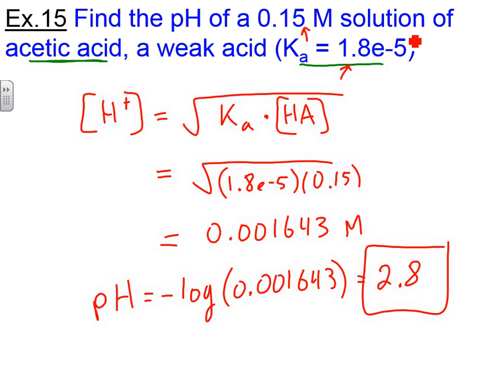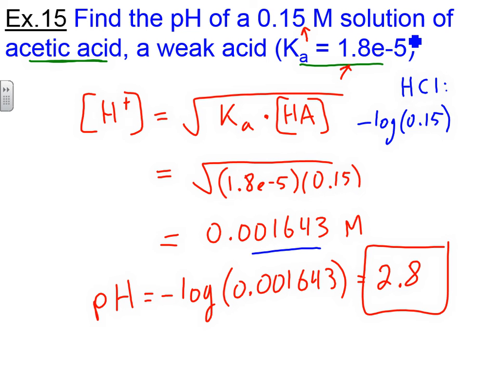Now, if this were a strong acid, you would simply negative log the 0.15. So if it were HCl, say we got HCl here at 0.115, for HCl you simply negative log 0.115. That's because all of it dissociates. Here we couldn't negative log 0.15 because not all of it dissociated. How much of it dissociated? Only this much.